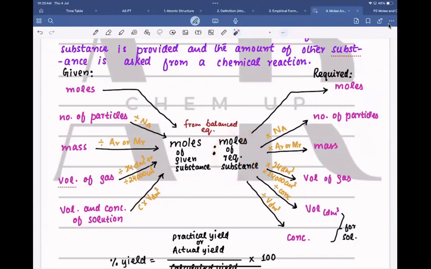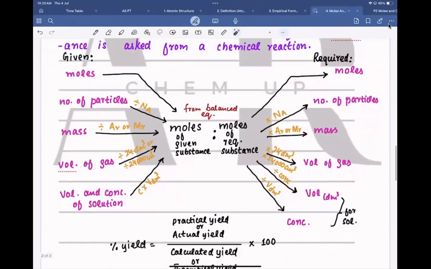Is this clear? Yes, sir. And then whatever amount is required, we again use that specific expression I have mentioned over here to convert those moles into that specific amount. Any questions still? No, sir.